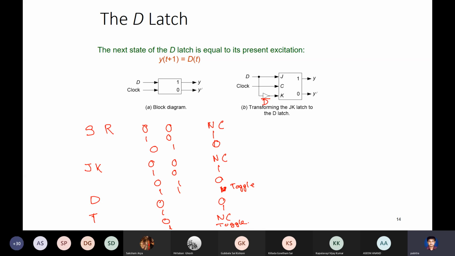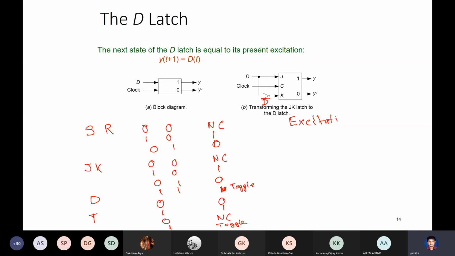And toggle is, if the input is 1, the output is toggled. I'm not doing it, but you can easily write down the excitation table for all of this. And once you write down the excitation table, you can also write down the characteristic equation, the excitation function. How is Qt plus 1? So the excitation table, let me again write it.